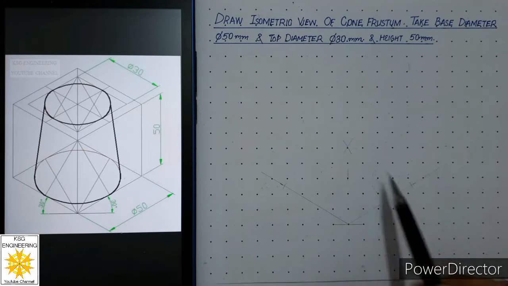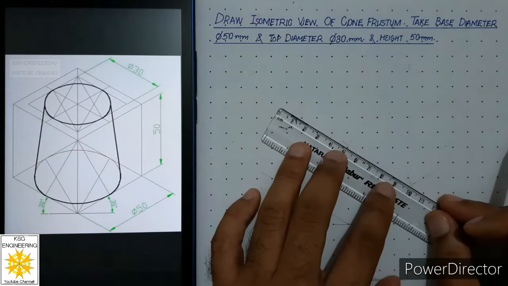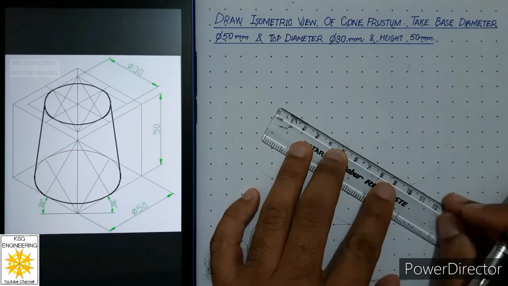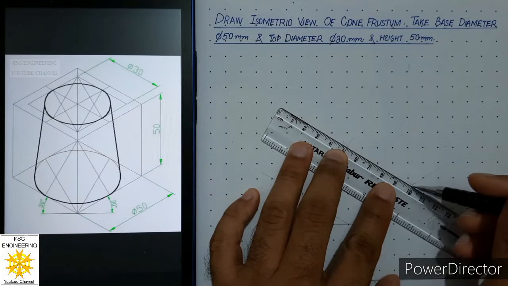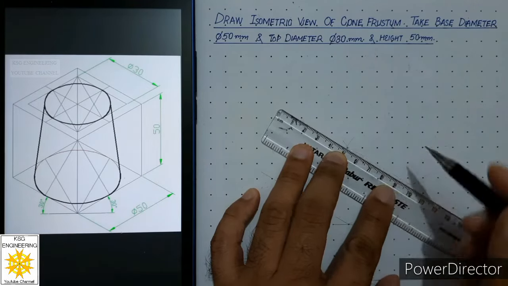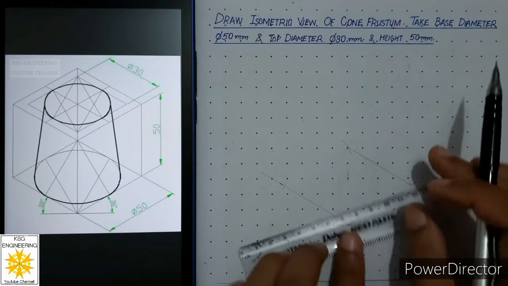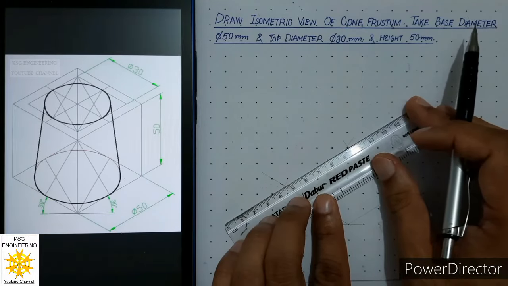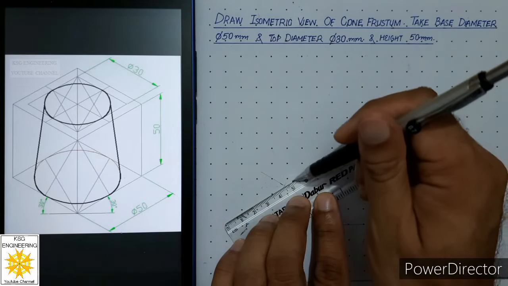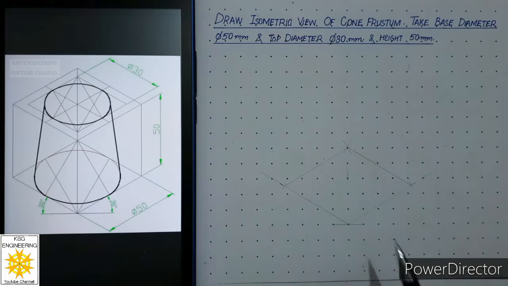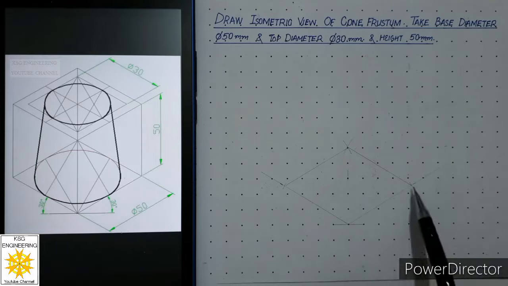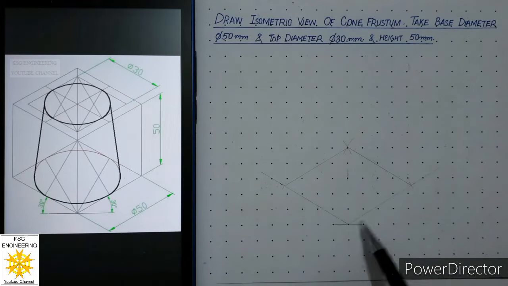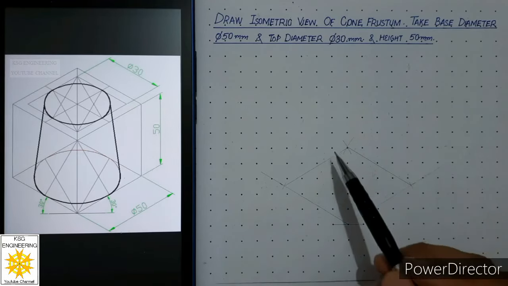Now after that we will connect these 2 points with a continuous thin line. Draw it carefully. Then we will connect these 2 points with another continuous thin line. You can see we have drawn the isometric of the base of the box, which is the isometric of a square. So this is a rhombus.